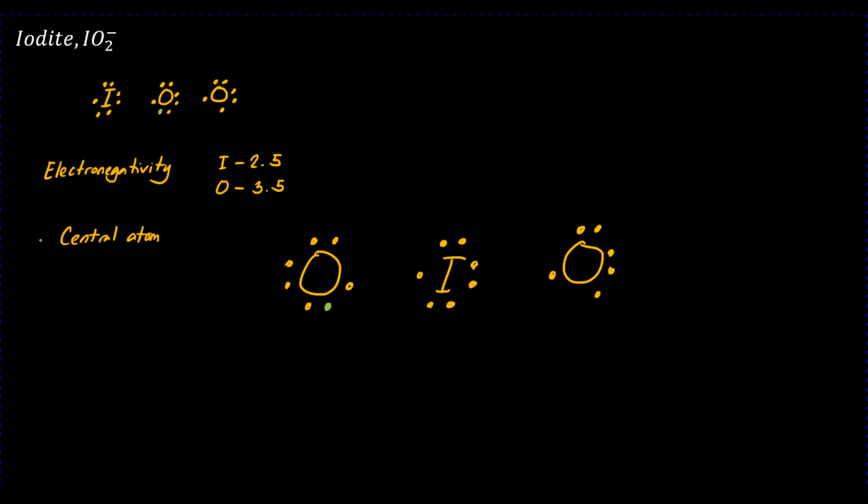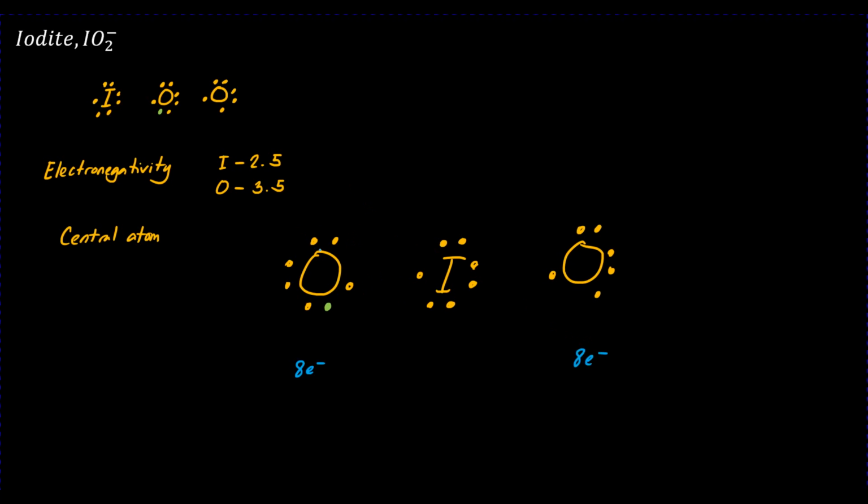Now, after determining the central atom, let us connect electrons to form bonds, and keep in mind that oxygen will strictly follow the octet rule. So here, our goal is for oxygen to have 8 electrons it owns plus shares. Also for this oxygen.